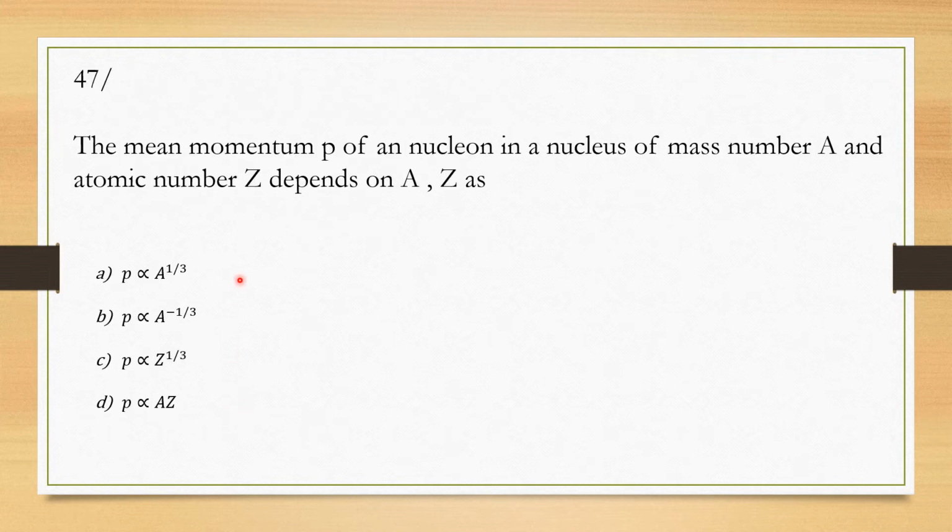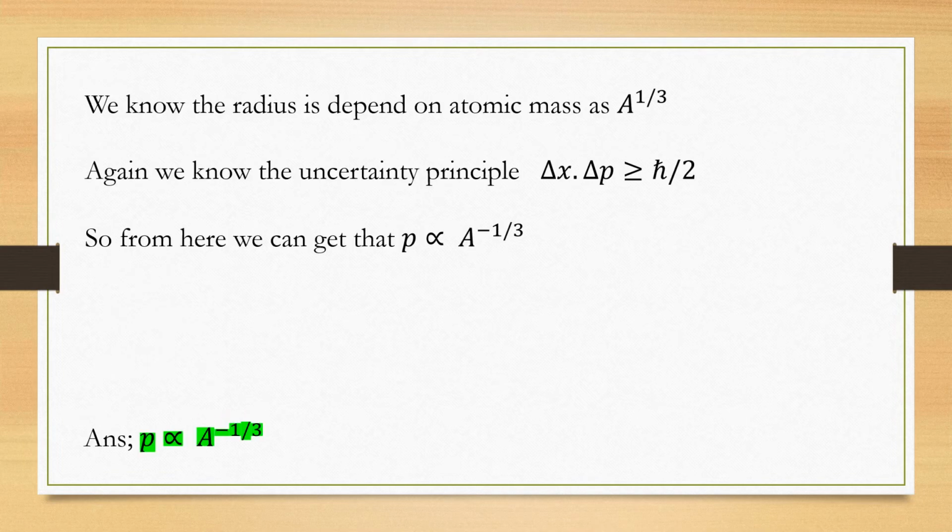Here is the second question: the mean momentum P of a nucleon in a nucleus of mass number A and atomic number Z depends on A and Z as, and the options are P proportional to A to the power 1 by 3, P proportional to A to the power minus 1 by 3, P proportional to Z to the power 1 by 3, and P proportional to AZ. So let's see.